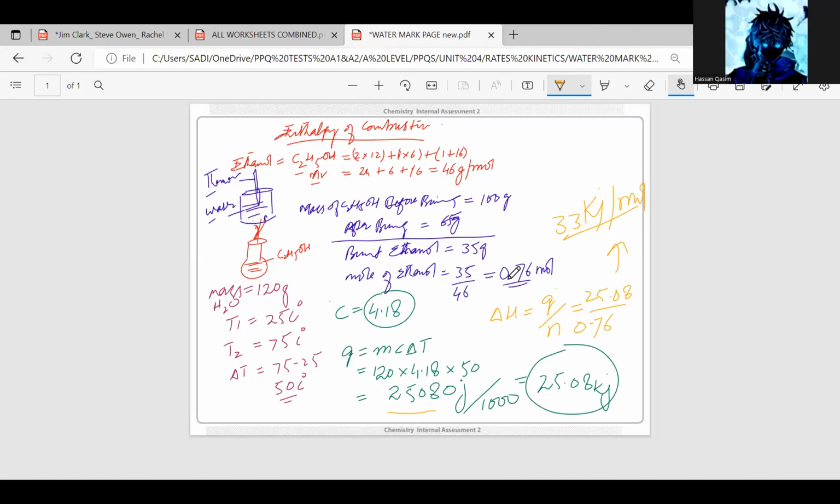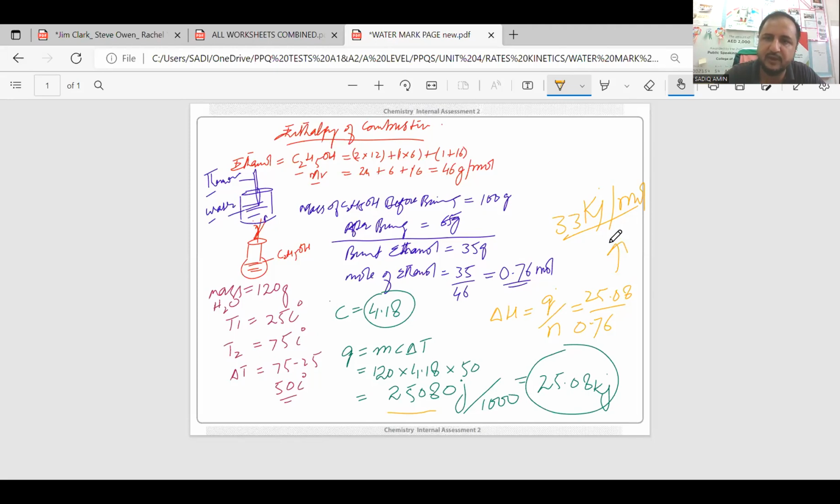Sir, Shakir said that this question in total will be for approximately 10 marks. This question is only for 5 marks. First mark is that you are calculating the number of moles. Second mark, you are calculating delta T. Third mark, you are calculating joules. Fourth mark, you are calculating kilojoules.